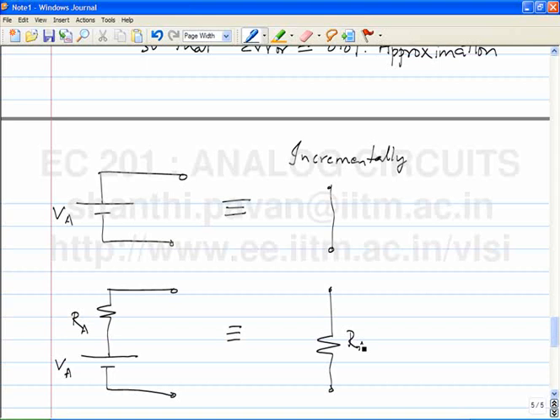And what is a small signal? What is the definition of small signal for this nonlinear element?